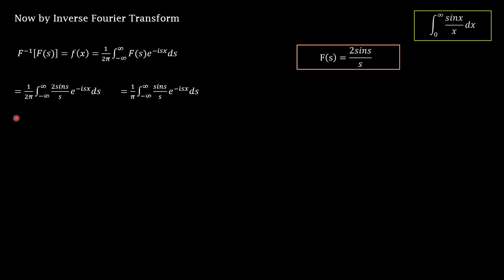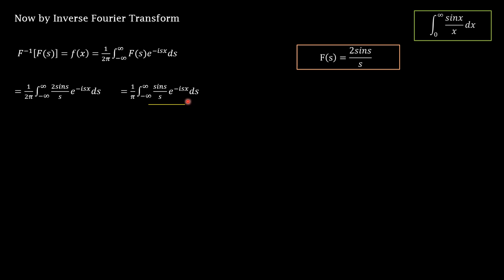Cancelling the 2 over here, the equation reduces to the form 1 by pi integration from minus infinity to infinity of sin s by s into e to the power minus isx ds. Just observe the integrand of the inverse Fourier transform and the integrand of the required result. In order to get the integrand of the desired result, this exponential term should be eliminated, and I can easily eliminate this exponential term by substituting a particular value for x.